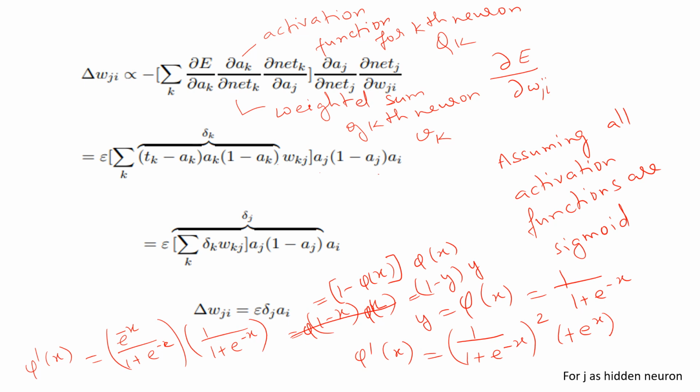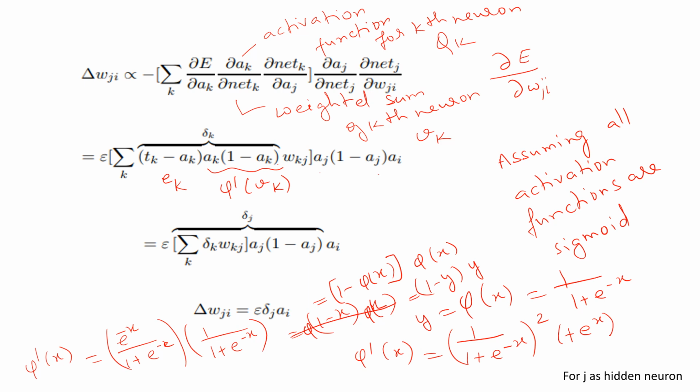Local gradient for the output layer, where k is the neuron at output layer. This gives me the error Tk minus Ak, the error at the kth neuron. This gives me the derivative of the local gradient, that is Vk, and this is the weight between the kth and the jth neuron.